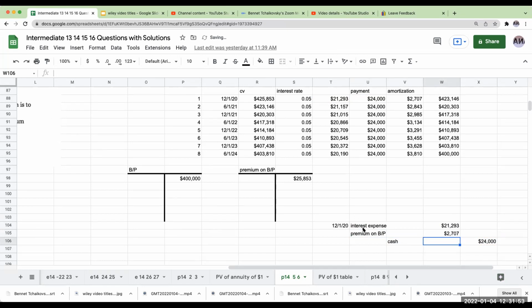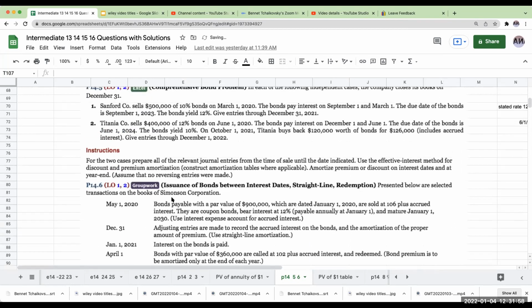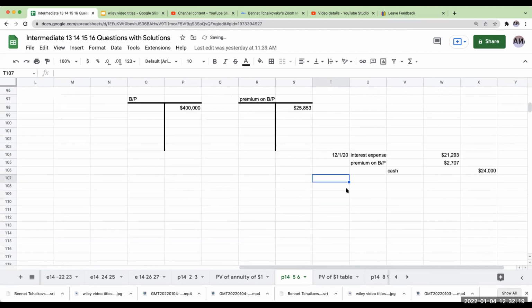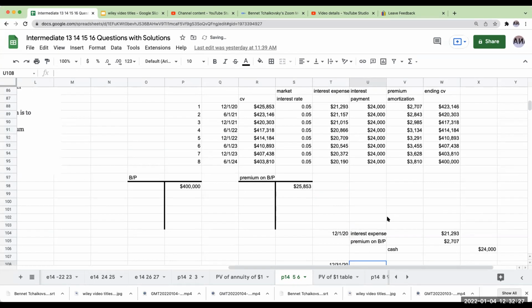Okay. So that's going to be the amount of the interest expense for 12/1/20. So the company here has a bond interest due date. Okay, so right over here. If their year end is 12/31/20, what we're going to have to go through and do is accrue interest for the 1 month.